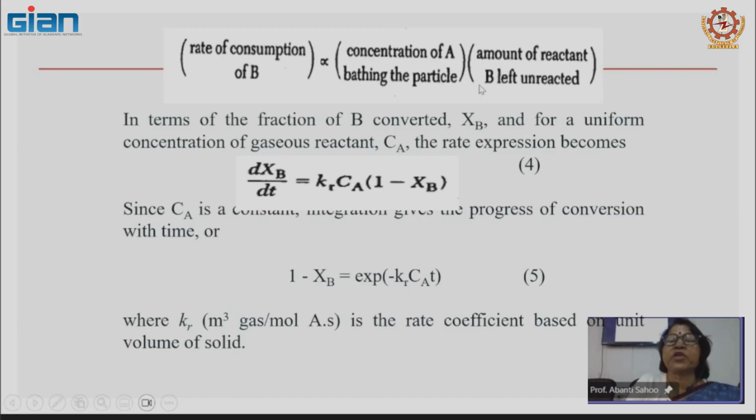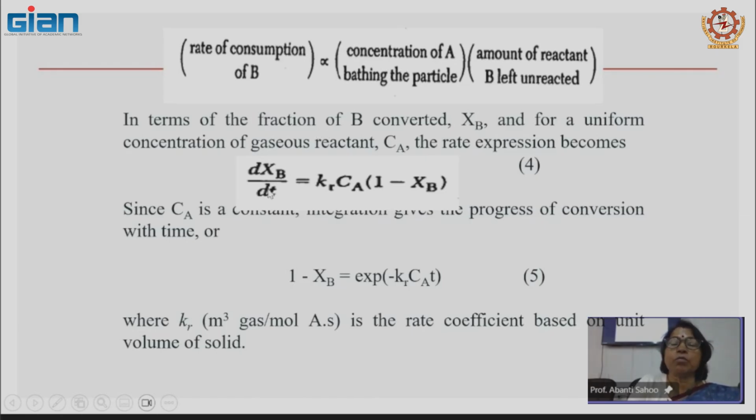That is the concentration of the gaseous reactant bathing the particles times the amount of B left unreacted, how much is already consumed and how much is left behind. The product of these is proportional to the rate of consumption of B, which we can write this way: if Ca is the concentration of the gaseous reactant and the fraction of B converted is Xb.